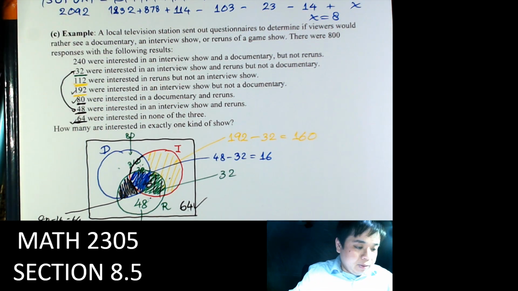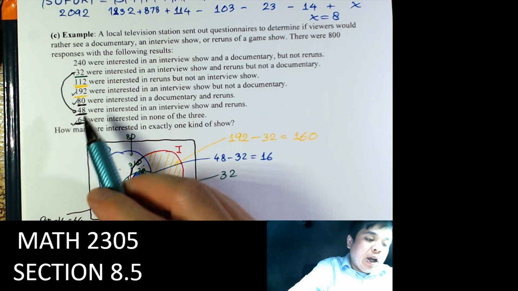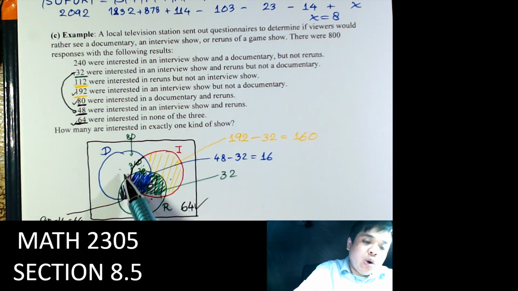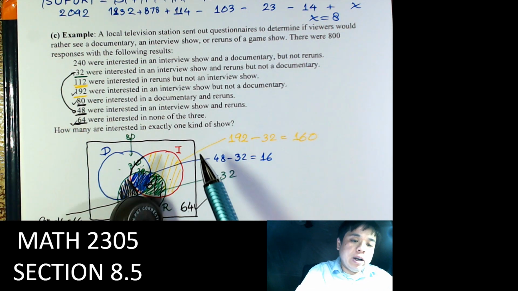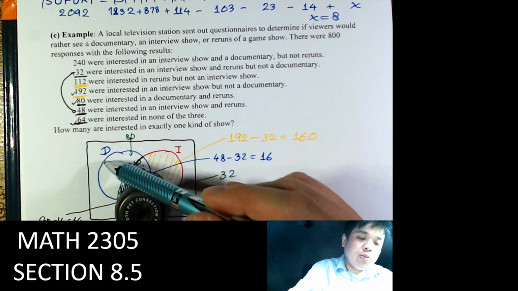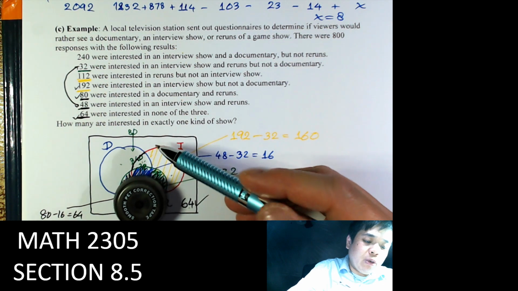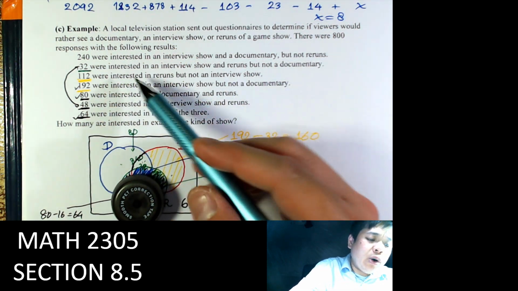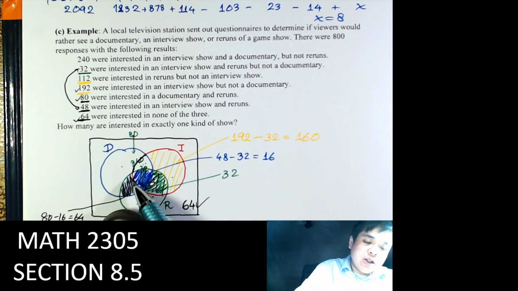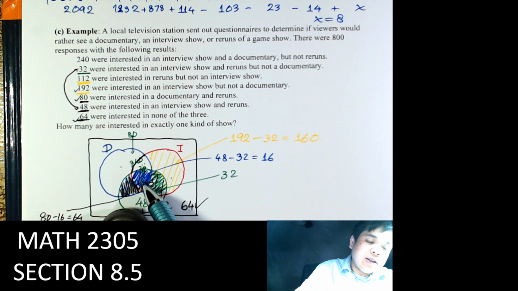Okay. Actually, we looked wrong. Okay, 240 interested in interview and documentary but not rerun. So actually we're going to take 240 minus the overlapping of 16.